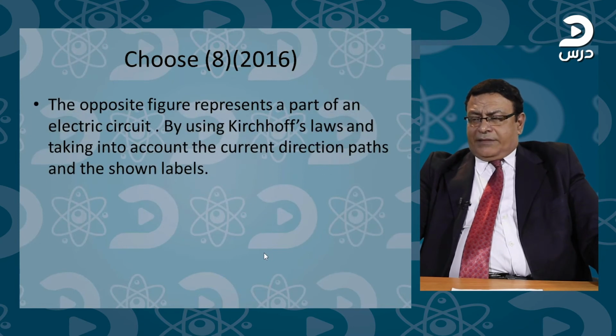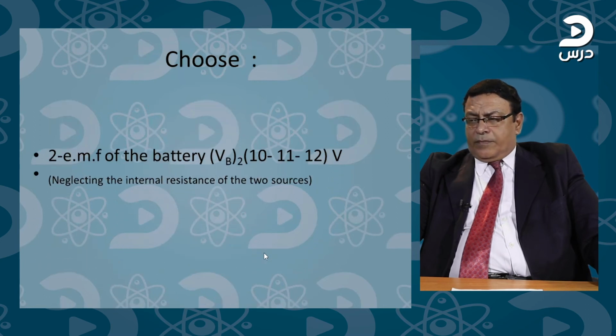Question number 8. Choose. The opposite figure represents a part of an electric circuit by using Kirchhoff law and taking into account the current directions, path and the shown table.